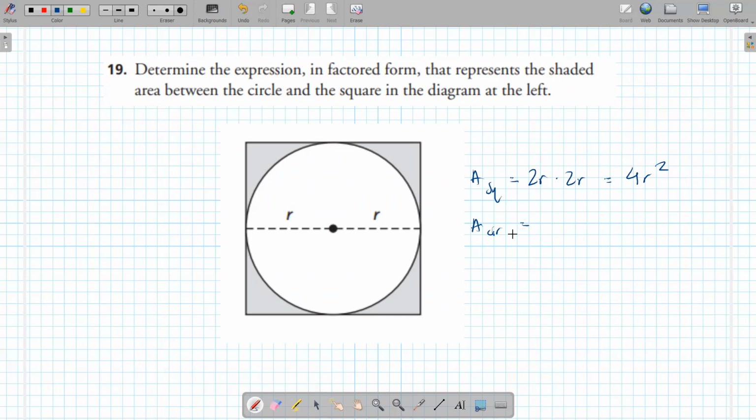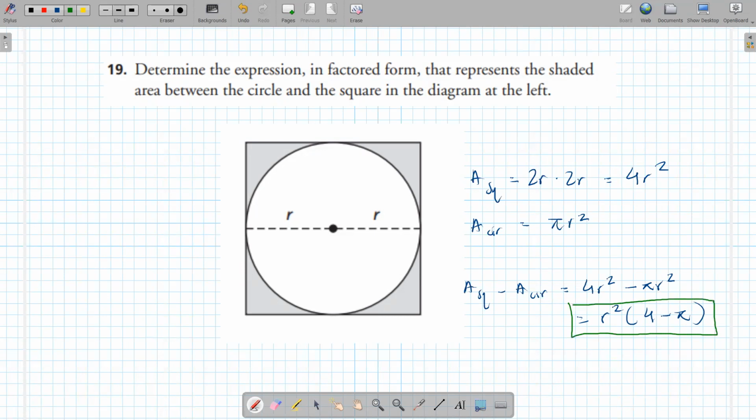Pi r squared. You're always going to do the bigger area minus the smaller area, otherwise you get a negative area. So we're going to do area of a square, which is bigger, because the circle is enclosed in the square, like that. So you do 4r squared minus pi r squared. Take out an r squared, you get 4 minus pi. And that's it. That's the answer.